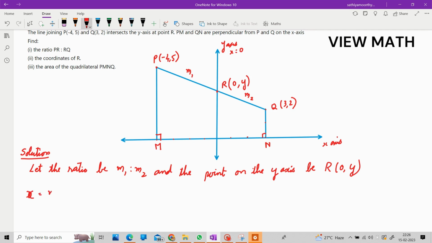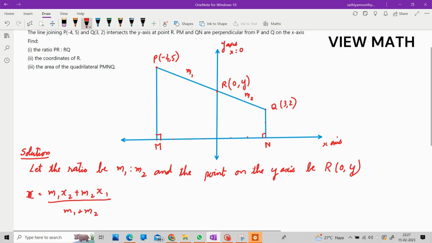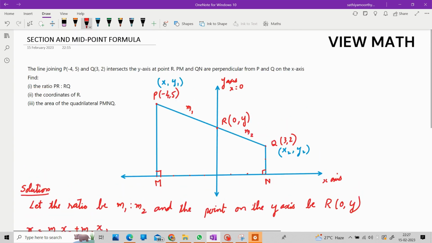x is equal to (m1 x2 + m2 x1) by (m1 + m2). So let me substitute all the values. Here P is (x1, y1) and Q is (x2, y2). x is 0, I know.